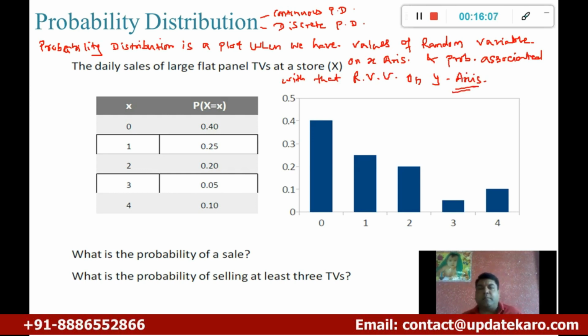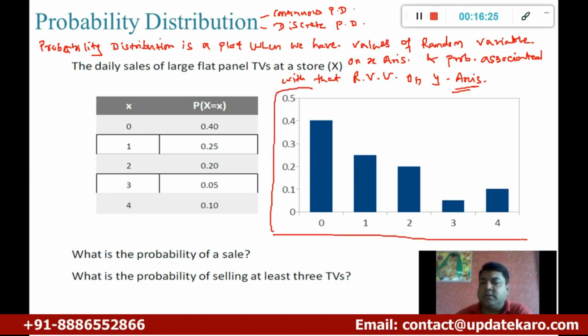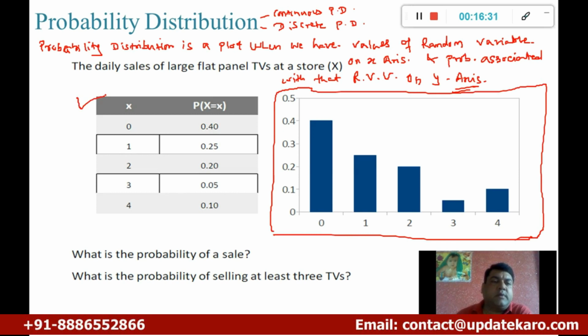So when we have a plot, and within that plot the random variable values on x-axis and the probability associated with that random variable value on y-axis, then we call it a probability distribution chart or probability distribution. So this is a probability distribution given to us for this given data.